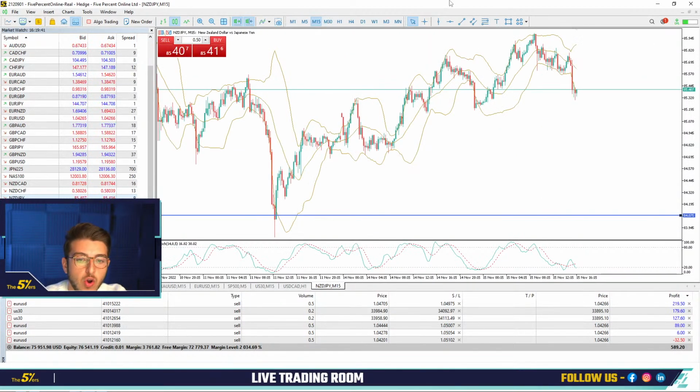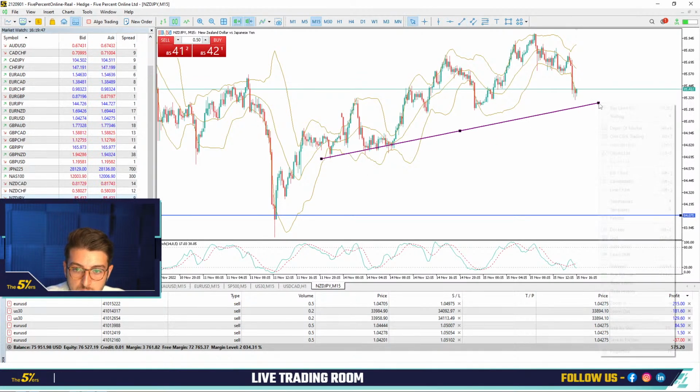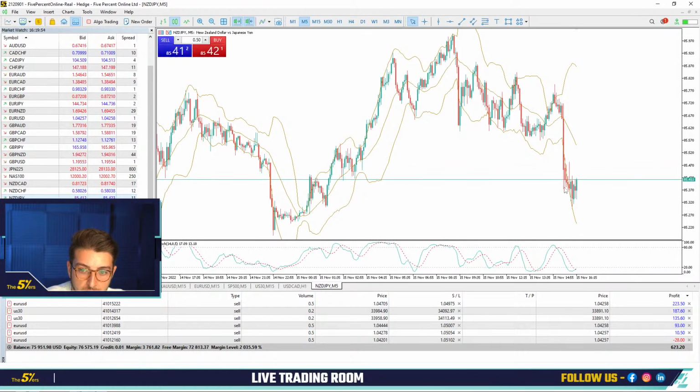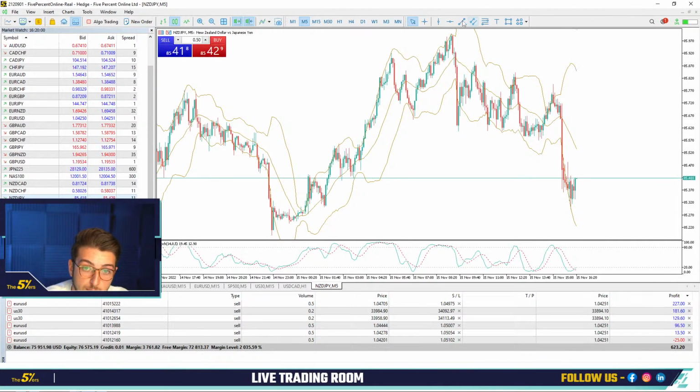Of course, in lower time frames you can always find some spot. I'm just drawing actually, but you can always find some spot in the M15 and the M5 chart. You see here the market consolidates after this dip. We have stochastics crossing. The market would probably like to go back to the average, which is here.